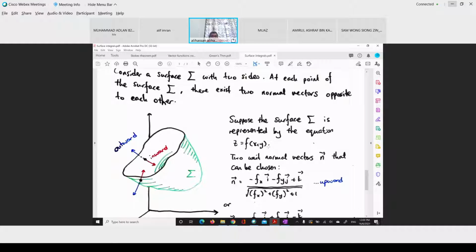So the orientation of the surface sigma induces an orientation of the curve C. If the thumb is in the outward direction of the surface sigma, that induces the orientation of the boundary C.